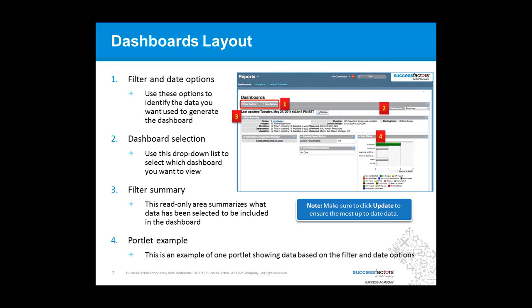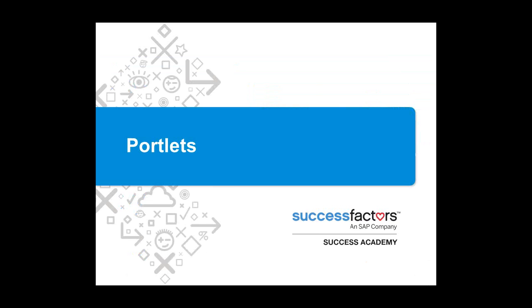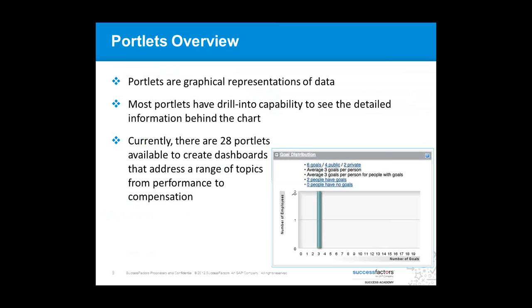Then you have portlets. A dashboard is nothing but a combination of different portlets, so you can add multiple portlets to create one dashboard. Portlets are graphical representations of data, and most portlets have drill down capability to see detailed information behind the chart. There are about 28 portlets available to create the dashboards.